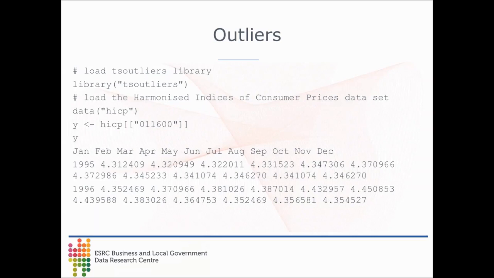I've loaded the HICP data, which is what it's called. Within the HICP data there's the array 011600, which is the data set that I'm interested in. And just by typing y, I can get a view of that data.